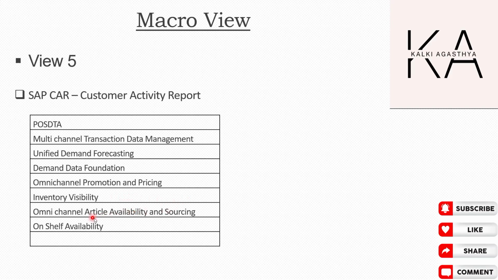Now coming to the omni-channel article availability and sourcing, it is again a very key component of the CAR solution, which enables retailers to manage and optimize the availability and sourcing of products across different or multiple channels such as in-store operations, online operations, and mobile operations, right?